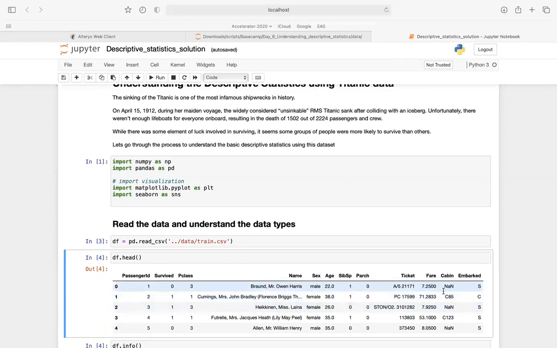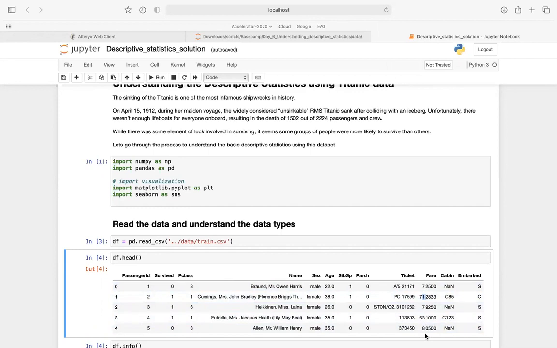By just looking at the first 5 records, you can clearly see that some fares are $7.25. However, there are some where you paid $71. So there's a huge difference here, right? There are again 53, there are 7 and 8.